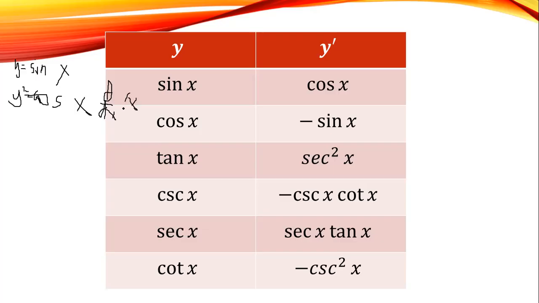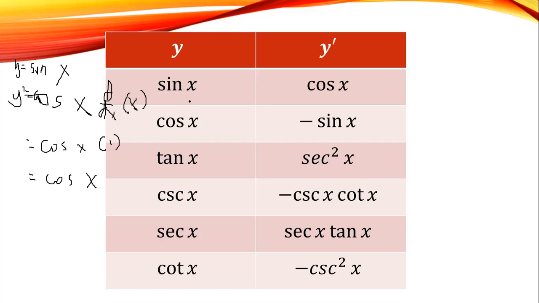Since the derivative of x is equal to 1, this is simply cosine x multiplied by 1. And 1 times cosine x, of course, is equal to cosine x. But when it is not just x with the sine, then the derivative will be different.